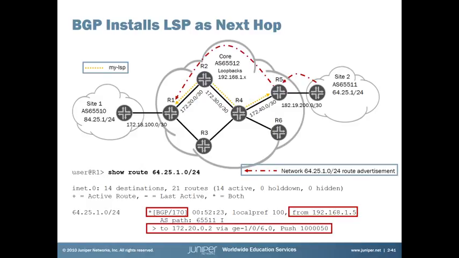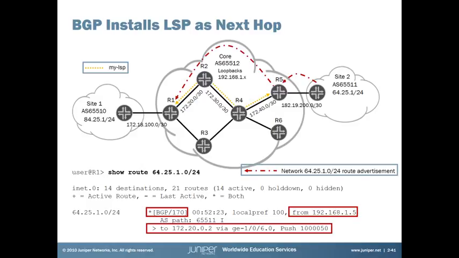So its next hop is to go into the label switch path and then traverse that network. After it enters the label switch path, it will no longer be forwarded based on its IP address. It will be forwarded based on its label. That gives us total control of where and how we direct that traffic through that internal provider's core network. So it is the job of BGP to direct the traffic into the label switch path.